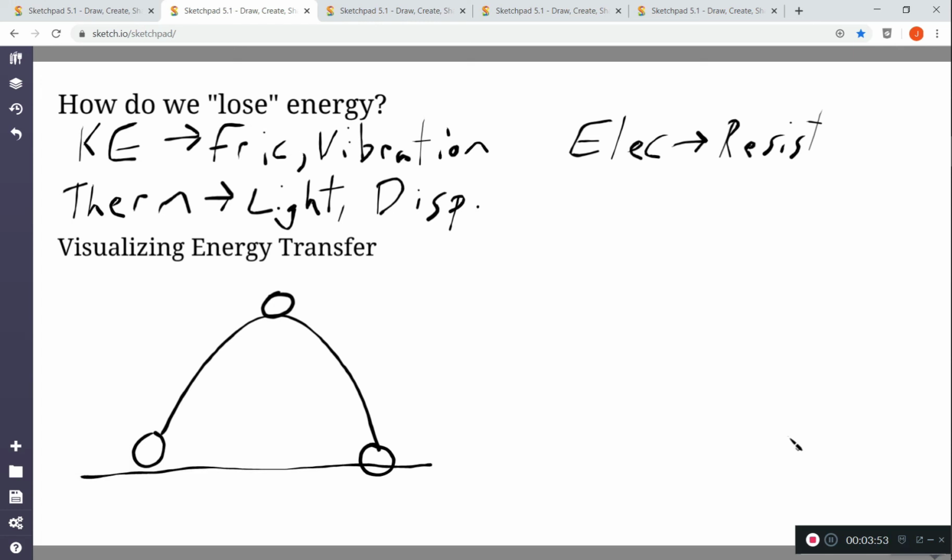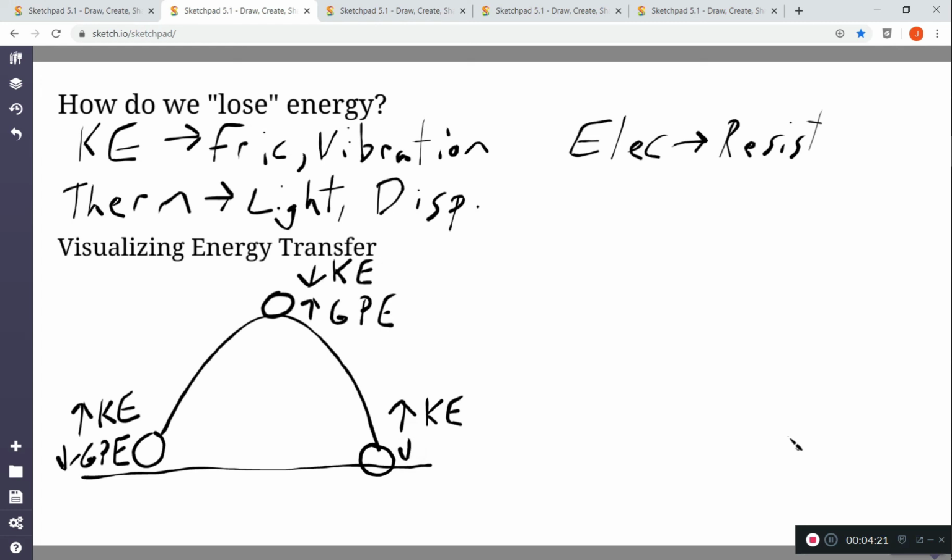Right as it's kicked, it's going to have its highest kinetic energy and its lowest gravitational potential energy. At the top, it'll have its lowest kinetic energy. Its kinetic energy is actually zero, but it's going to have its highest gravitational potential energy. And then it returns to a state on the ground where it has its highest kinetic energy, not while it's sitting on the ground, but right as it hits the ground, and its lowest gravitational potential.